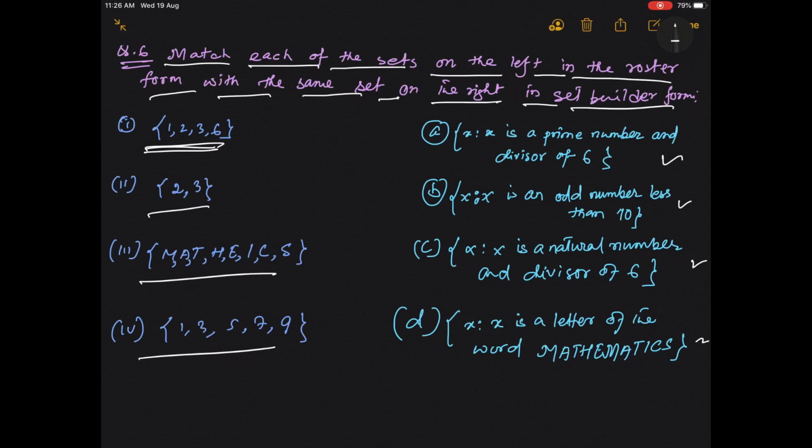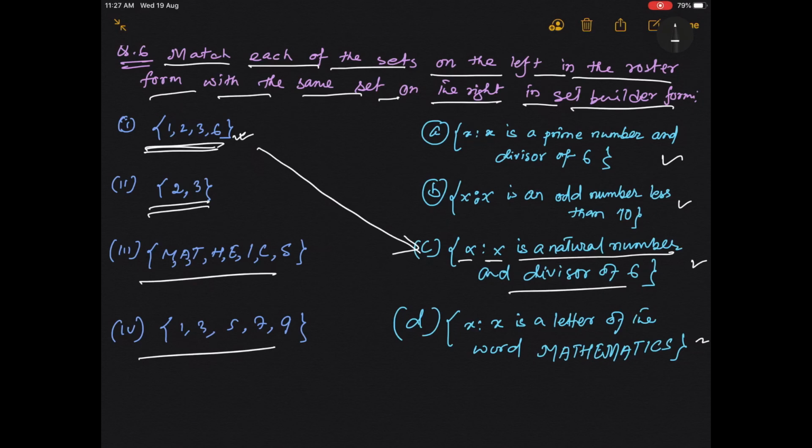Here you see these are all divisors of 6, that means factors of 6, and those are natural numbers, so it must be C: x such that x is a natural number divisor of 6.